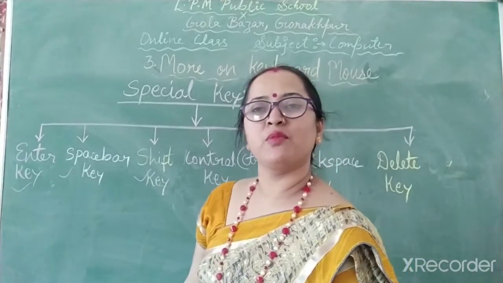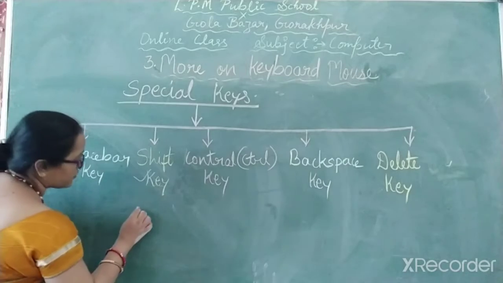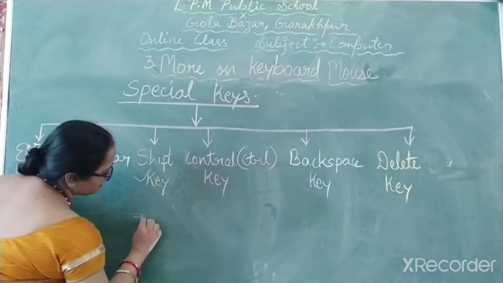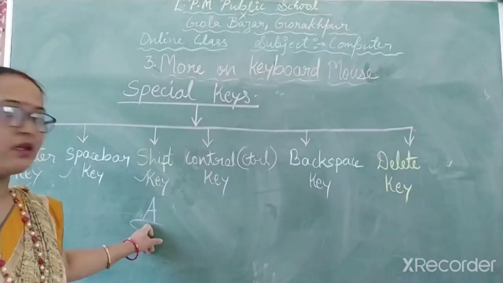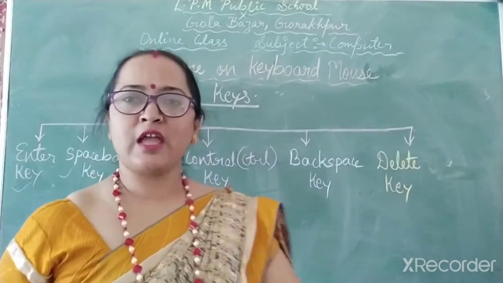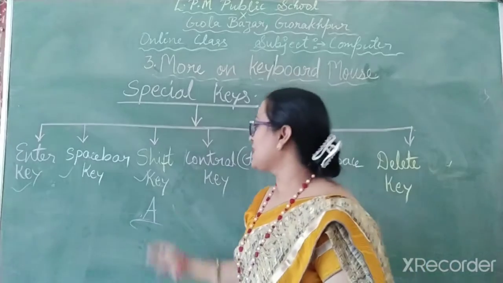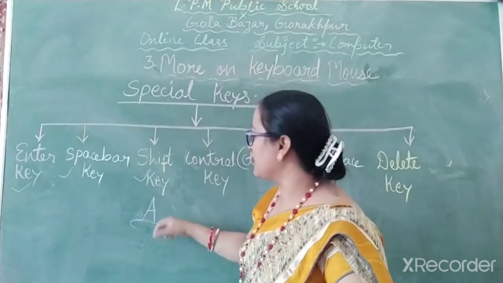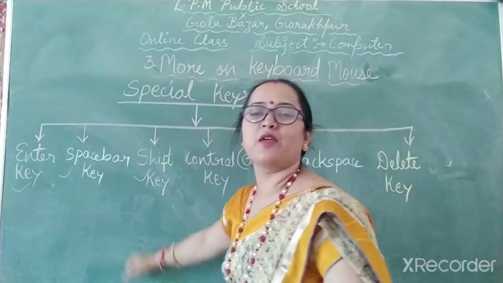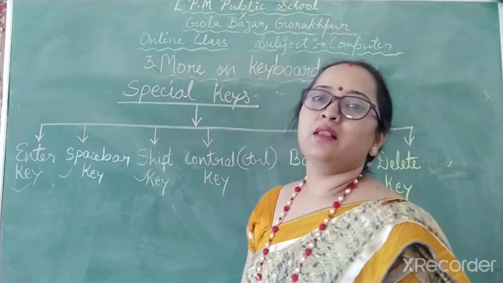Shift plus A, what does it mean? If we type it, it shows us the capital A. If the caps lock key is off, with the help of the shift key, we use the combination with any particular letter and we can easily type it as a capital letter.